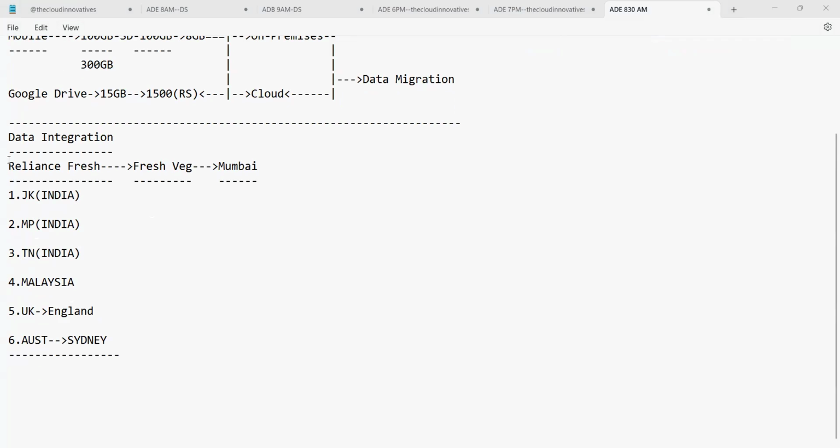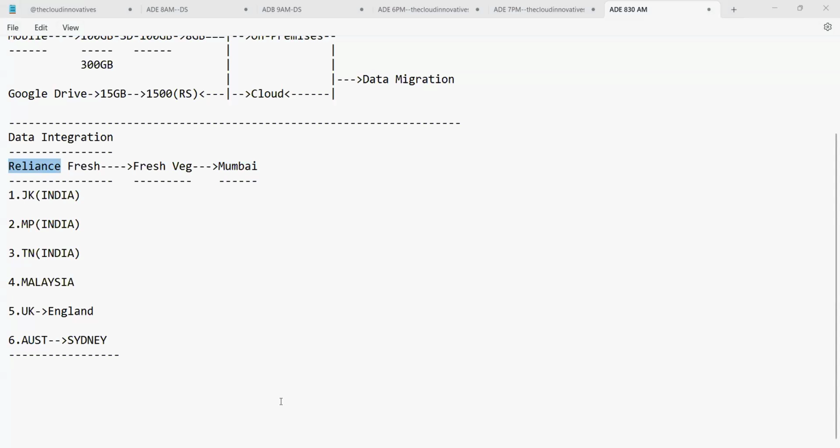Now these are all made available at which store? At the Mumbai store. And this Mumbai store is offered by whom? By Reliance Industries.